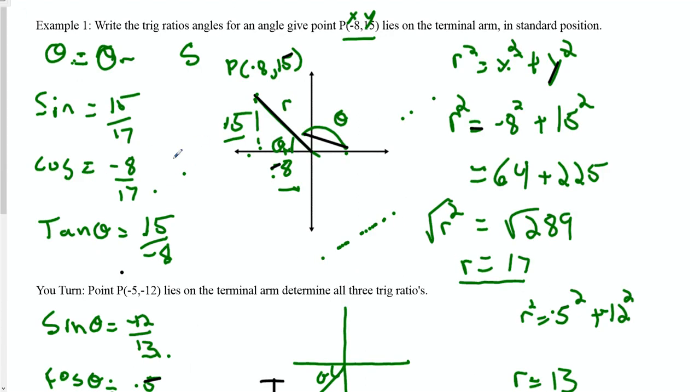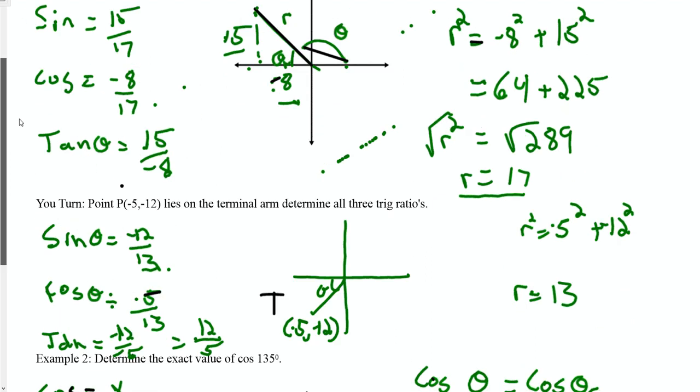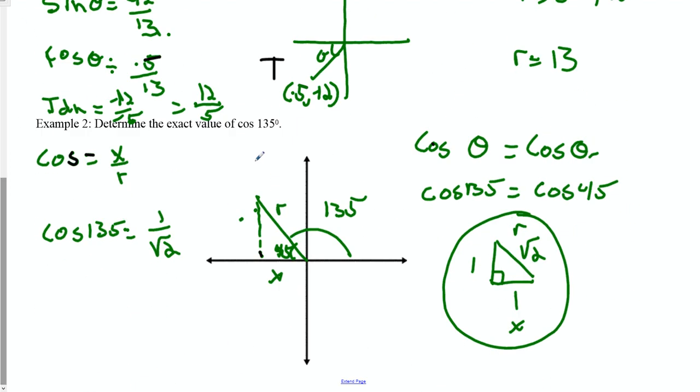And don't forget with example 2, if you're finding the value of an angle, and we've never worked with 135, don't be afraid to use the reference angle, because the trig value of any angle is equal to the trig value of its reference angle. So just work with those values there.